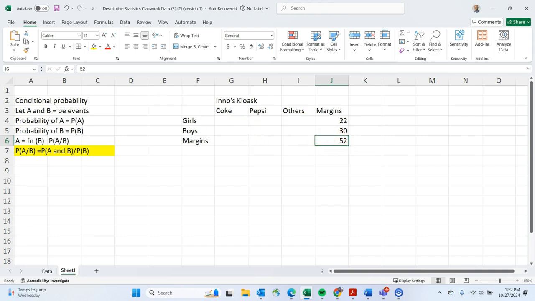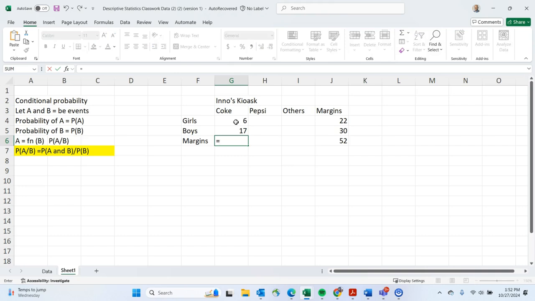So let's see, out of these 22, how many girls drink Coke? Assume 6 drink Coke. And how about boys? Let's say out of the total, 17 drink Coke. So we need to look at the total.